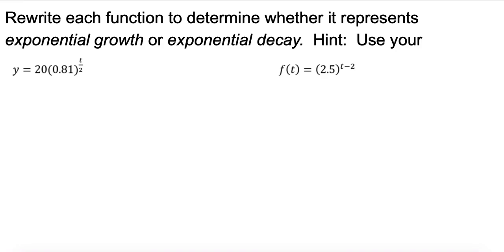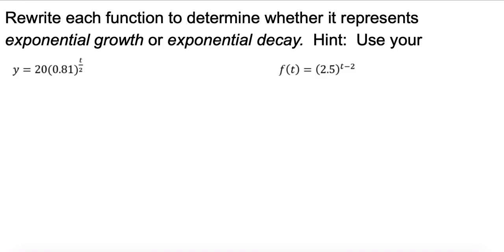Now, sometimes we need to rewrite them to decide if it is growth or decay. And in order to do that, what we want is to just have an x, or in this case a t, as our variable. So we have to use our properties of exponents kind of backwards to rewrite it and do all the calculations we possibly can until we just have a number to a variable.